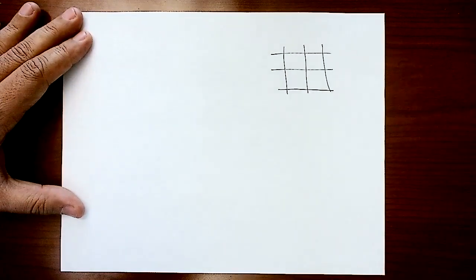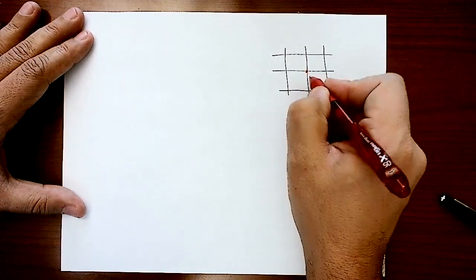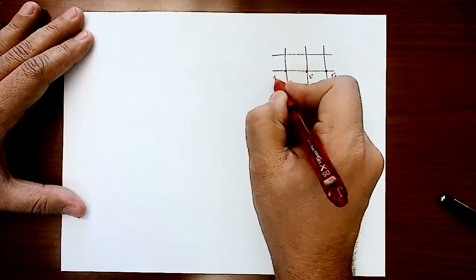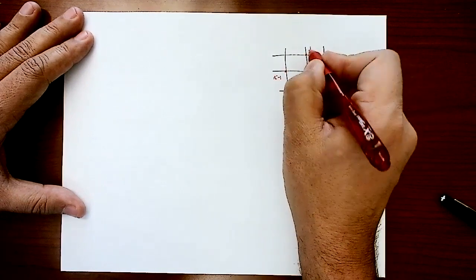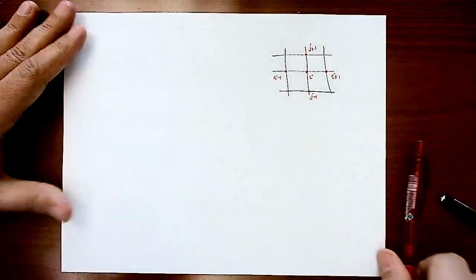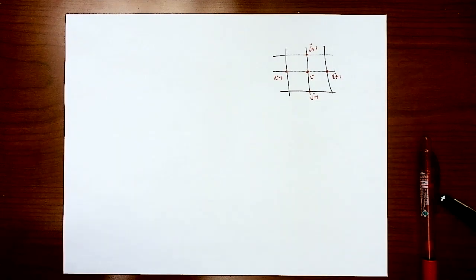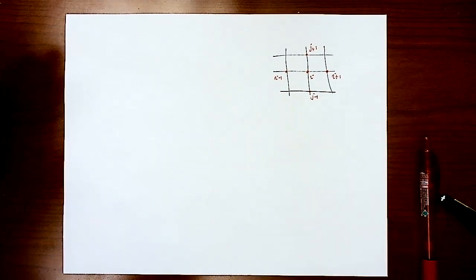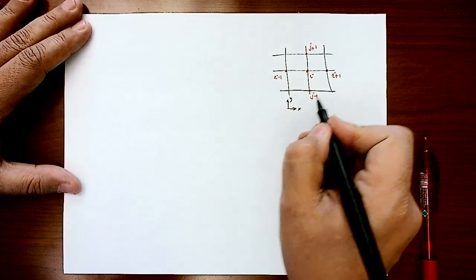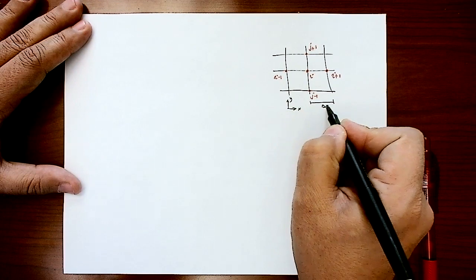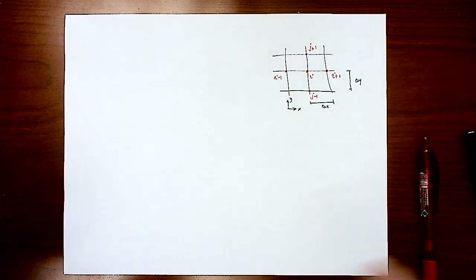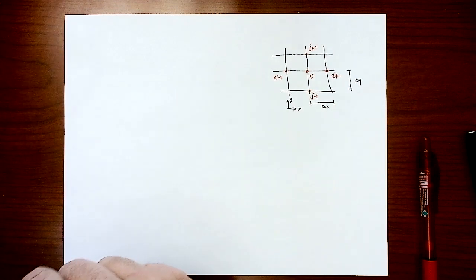Here is my target point, that's my point I. This will be I plus 1, this will be I minus 1, this will be J plus 1, and this will be J minus 1. Central means that you take one point forward, one point backward. So I need one point to the right, one point to the left. This is my x, y. This is delta x here, and here is delta y.